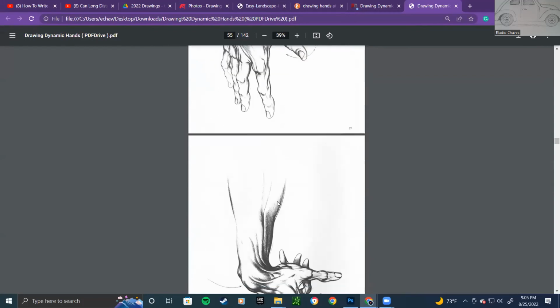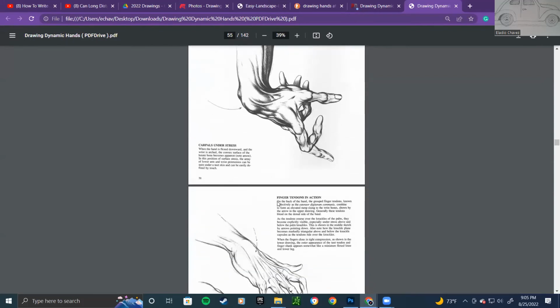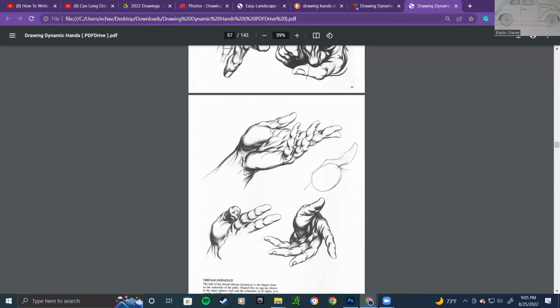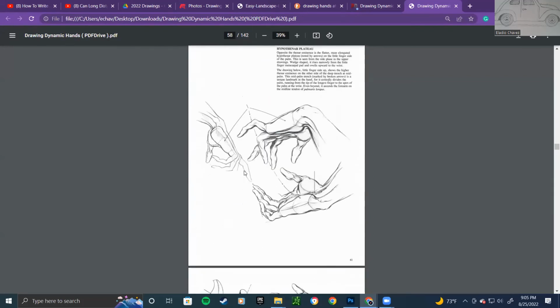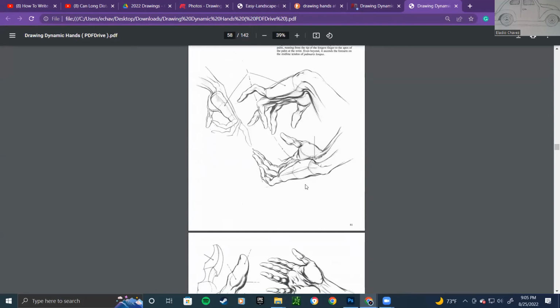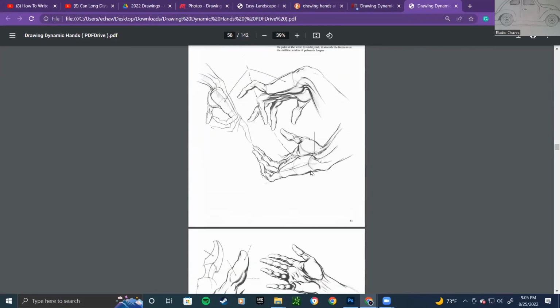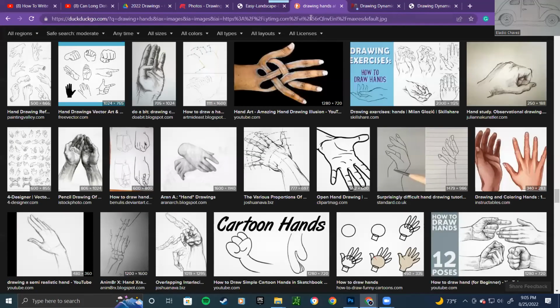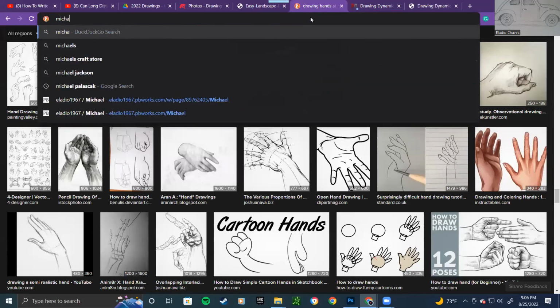Also, Michelangelo has some good hands. Yeah, the hands are so articulated. Yes, they are really good hands. This one looks like a spider in itself. Yeah, Michelangelo's, especially the Creation.